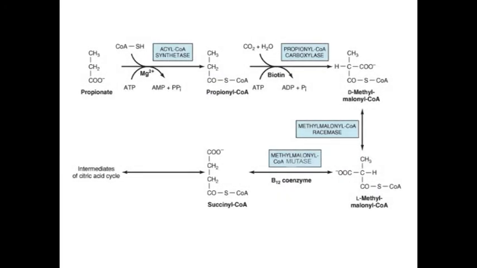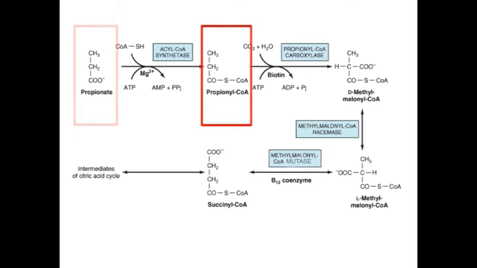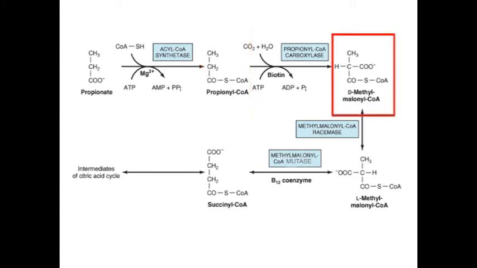As usual, this propionate is first converted to propionyl-CoA. Thereafter, the propionyl-CoA is carboxylated to form the D-stereoisomer of methylmalonyl-CoA by the enzyme propionyl-CoA carboxylase.